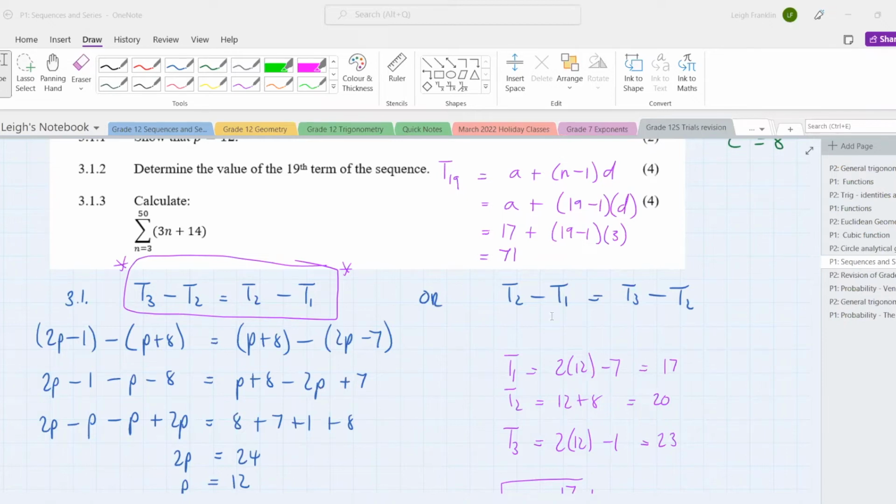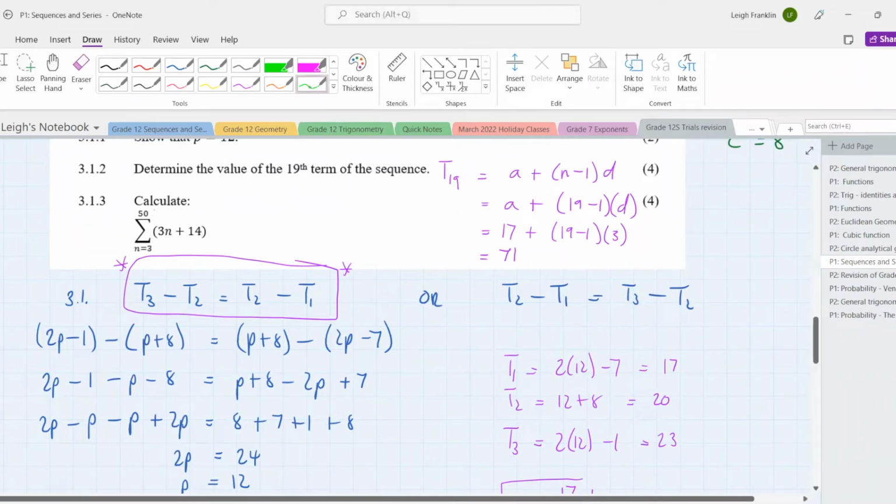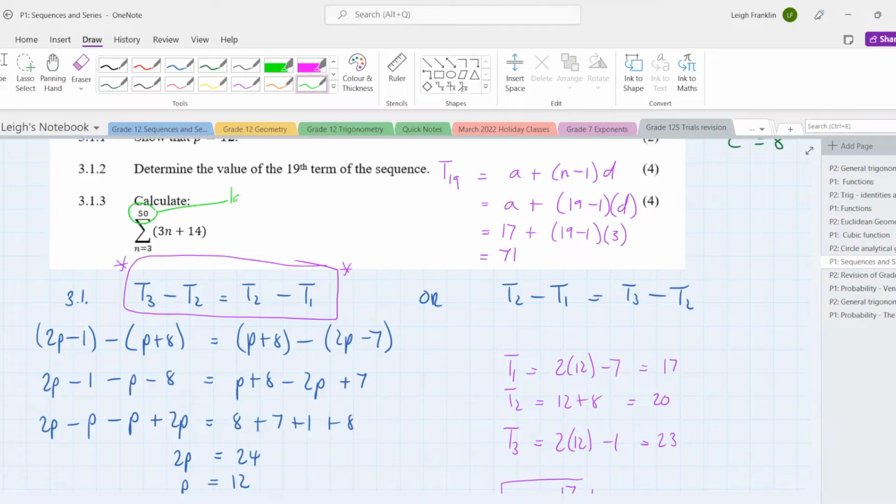Kanisile and anybody else who wasn't 100% sure, you can make a little note of that for yourself. The number at the top is the last number subbed in. And when we say subbed in, we mean subbed into our rule. The number at the bottom is our first number subbed in.